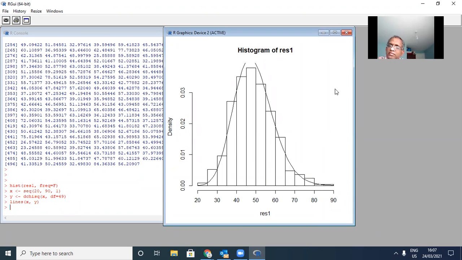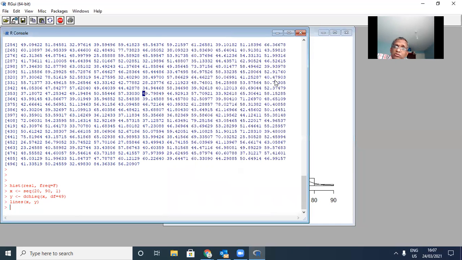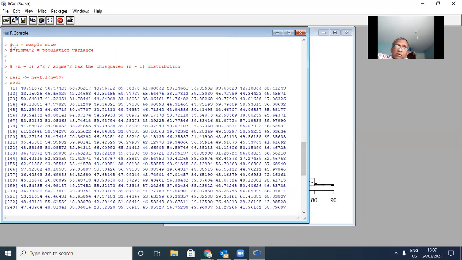Okay. As you can see, what you see here is that the theory is supported by the simulation result. That is, the density of the chi-square with 49 degrees of freedom fits the simulated data on n-1 s squared divided by sigma squared, as it should, because according to the theory, this statistic must have a chi-square distribution with n-1 degrees of freedom.